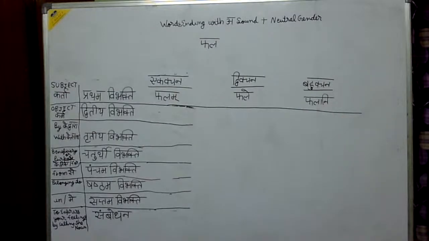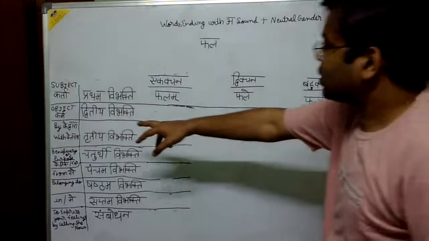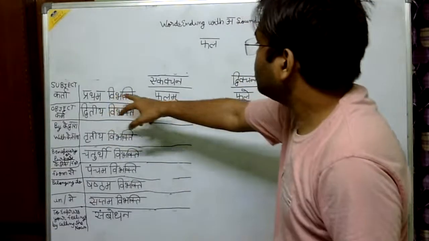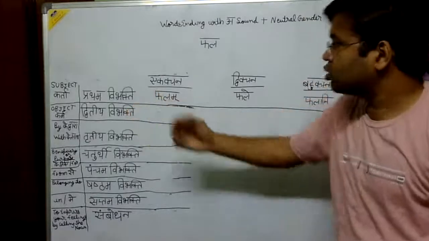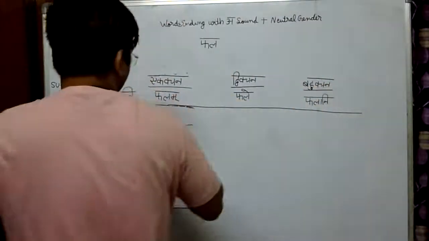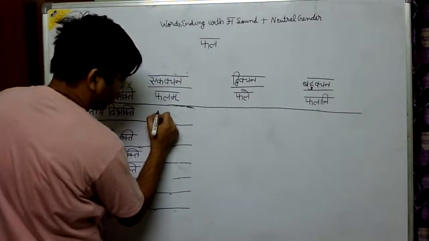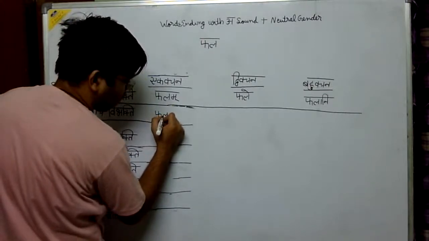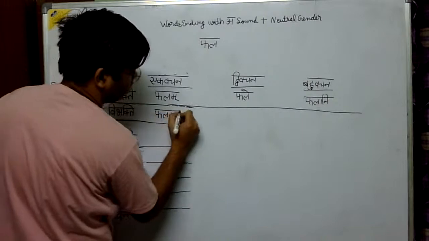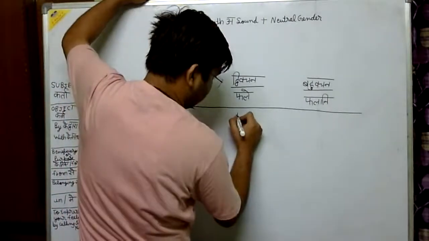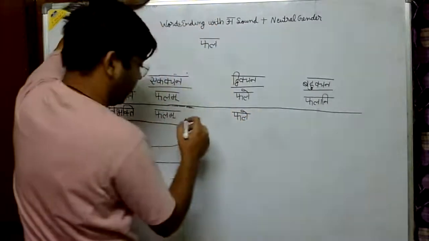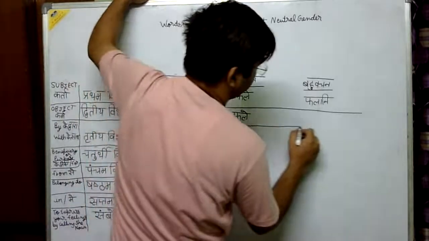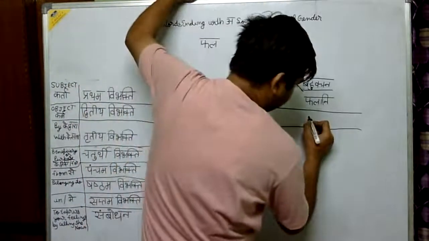For Prathama Vibhakti, you will use phalam, phale, phalani. And similarly, for Dvitiya Vibhakti also, you will again use phalam, phale, phalani.